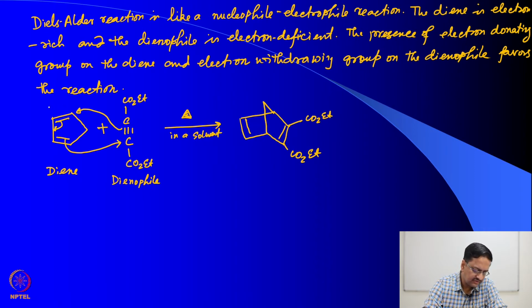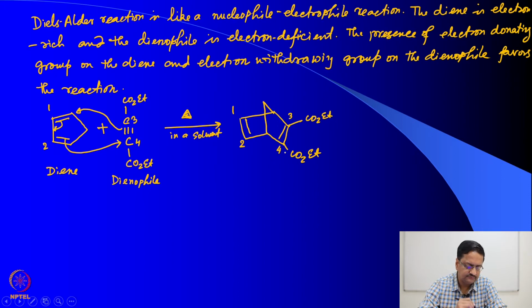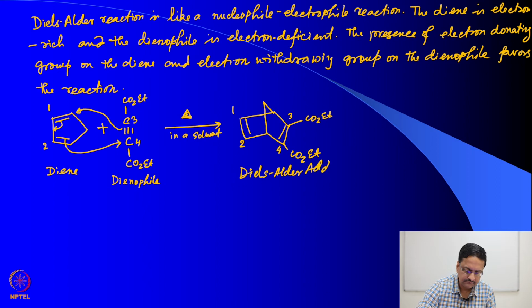So, here this was our 1 and 2, and that 1 and 2 are here, and 3 and 4 are those two which are here. So, this is called the Diels-Alder adduct.